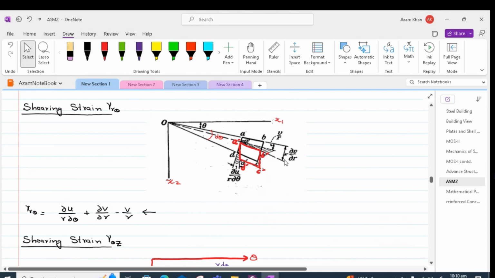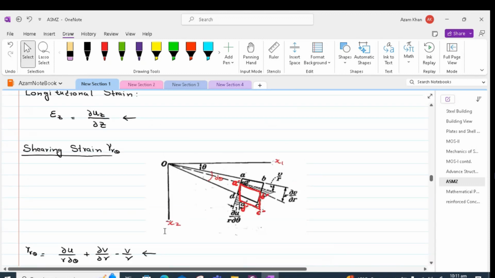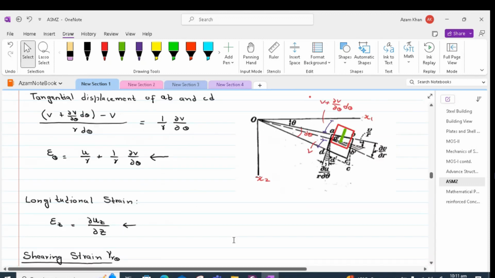So partial V by partial r will include the rigid body rotation, and that rigid body rotation will have to be subtracted from the overall angle. Therefore, the displacement V by r has been subtracted from partial V by partial r.